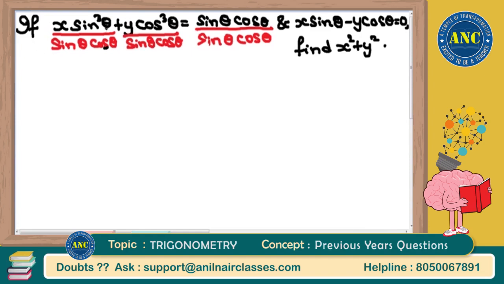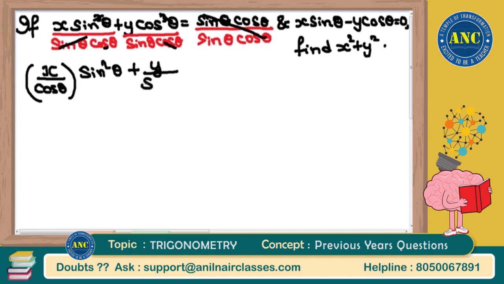Now sin will cancel with sin cube, cos will cancel with cos cube, and the right hand side will completely cancel. You are left with x sin square theta divided by cos theta, or in other words x into cos theta into sin square theta, plus y by sin theta into cos square theta.